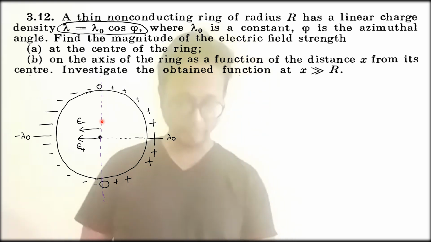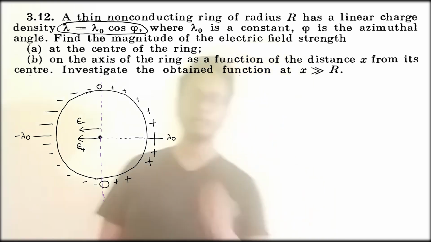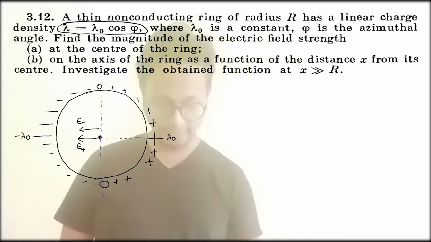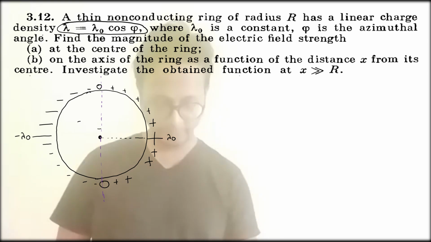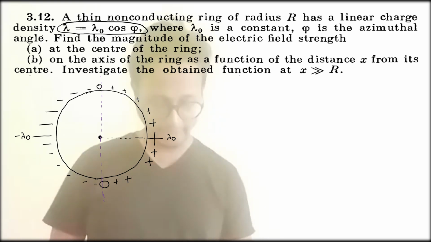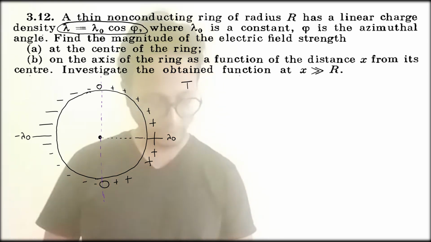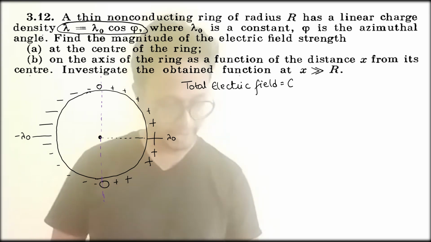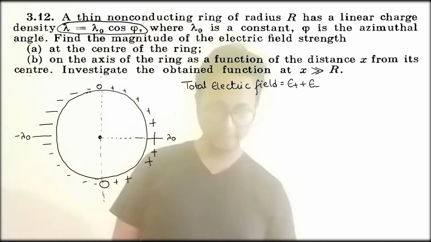So the vertical component of electric field would get cancelled out here. So out here, if I erase these two and write down total electric field, the total electric field is nothing but electric field due to positive charges plus electric field due to negative charges.